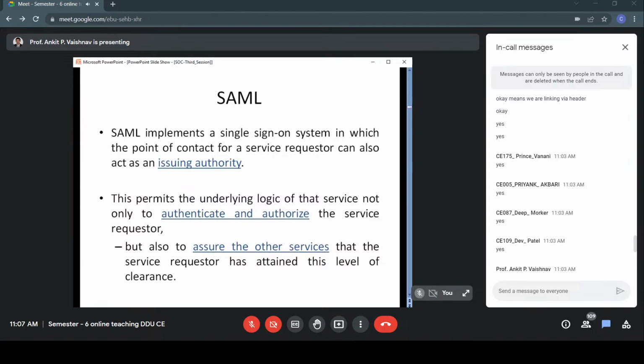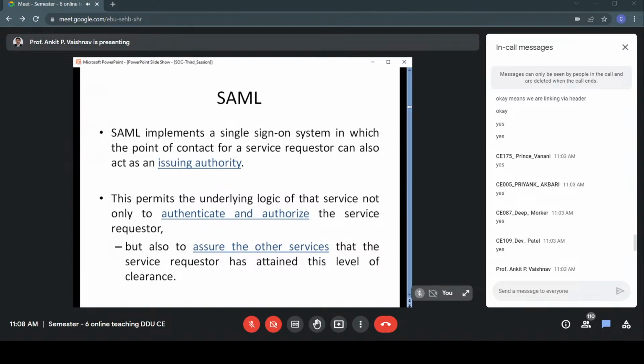But if it is a small scale architecture, we can let the account service do this. So it depends upon how big your architecture is. Can we afford one more extra service? If yes, then we'll have a dedicated service to do this. Because your requester does not know that a service exists on the other side for performing authentication.